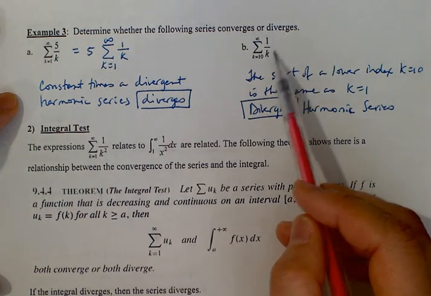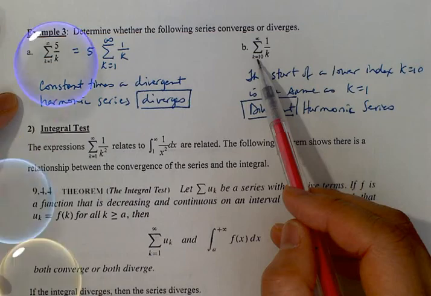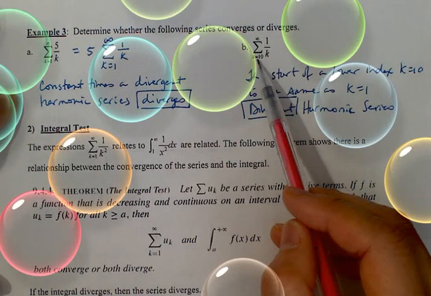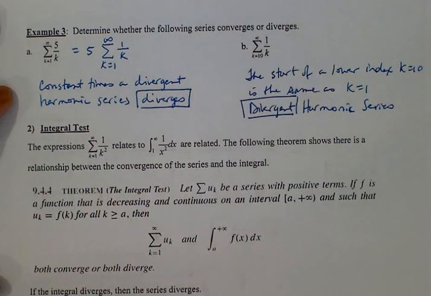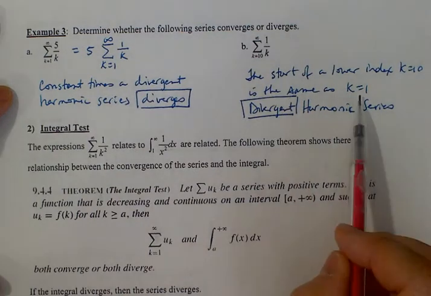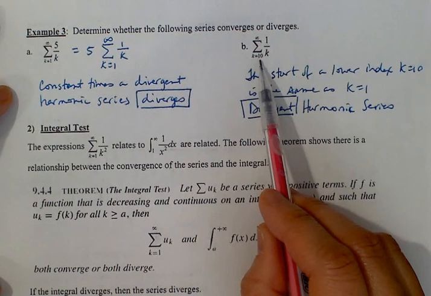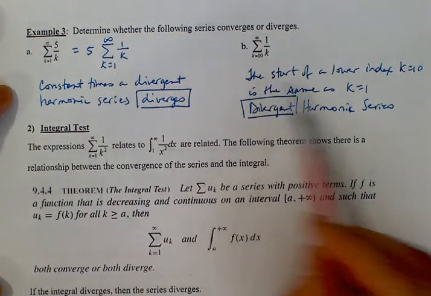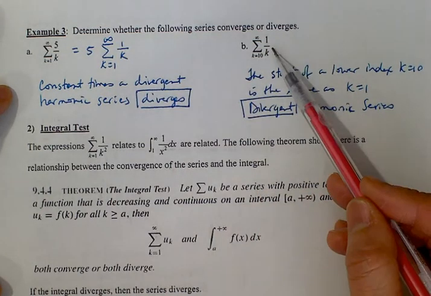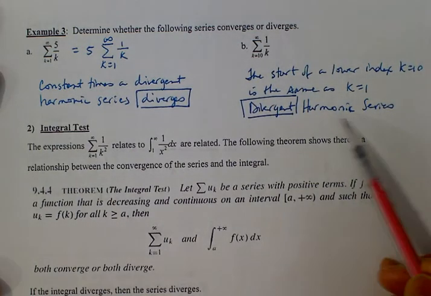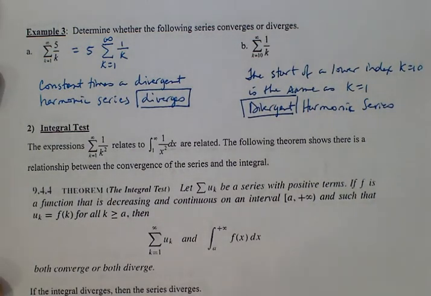And then for this one, I'm starting at k equal to 10. Just because I start at 10, it doesn't change the convergence or divergence. This is, again, still a harmonic series, so it diverges, by the harmonic series.